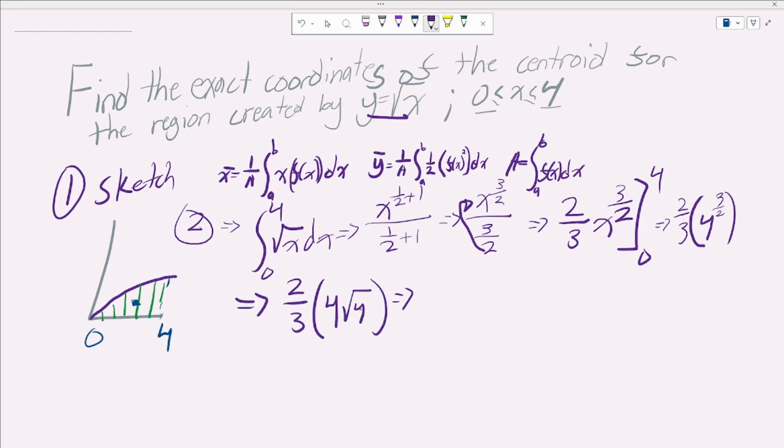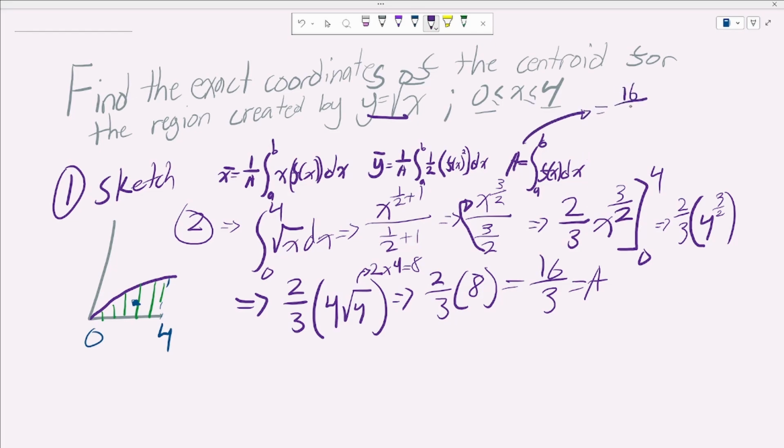And from here, square root of 4 is equal to 2, and 2 times 4 is equal to 8. So we'll have 2/3 times 8, which just reduces to 16/3, and that is equal to our area. So here, let's make a note: A is equal to 16/3. Okay, let's make some room.